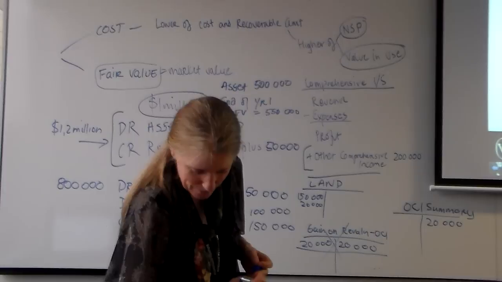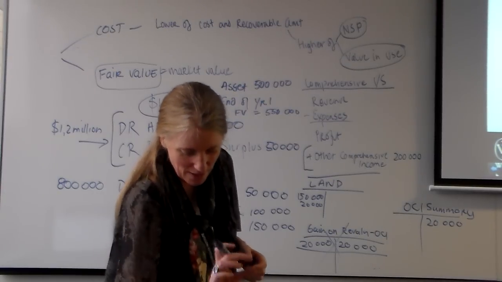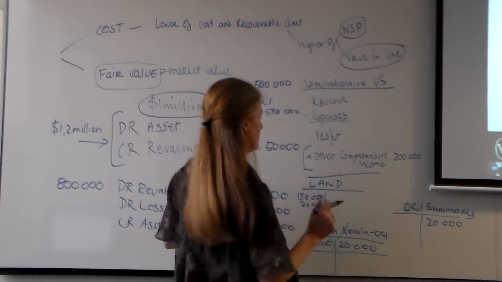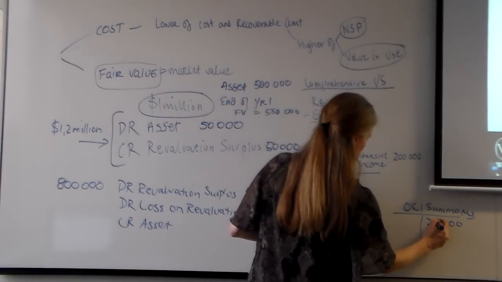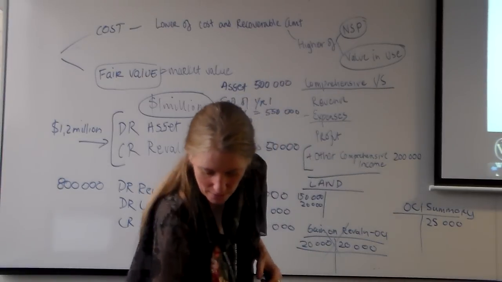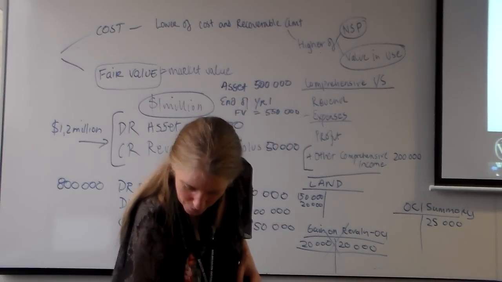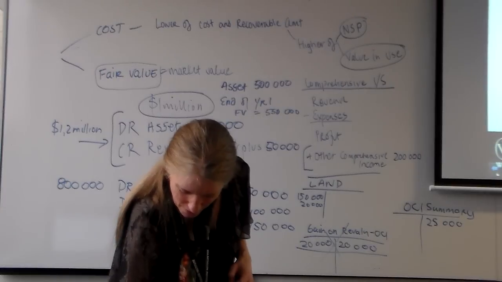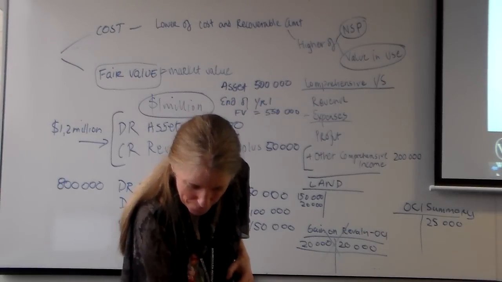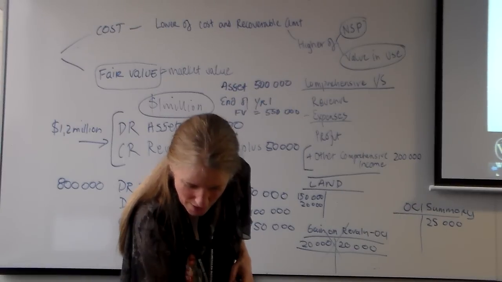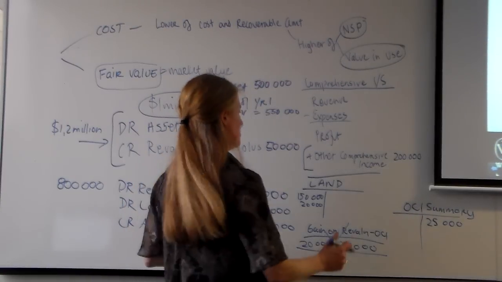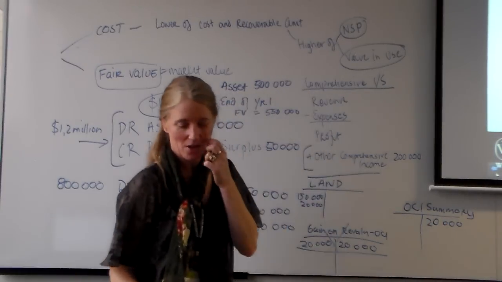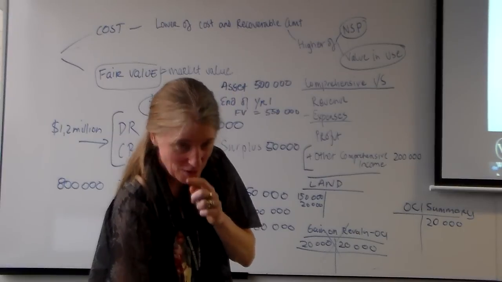They've taken the two together, but actually the land was 25, sorry, 25. In the book there's a mistake there. It should actually be 20 under OCI, shouldn't it? Because they've got 25 plus 5 is 25, haven't they?